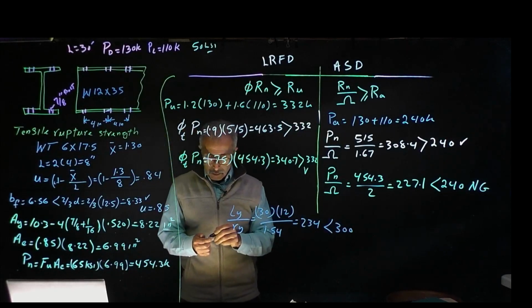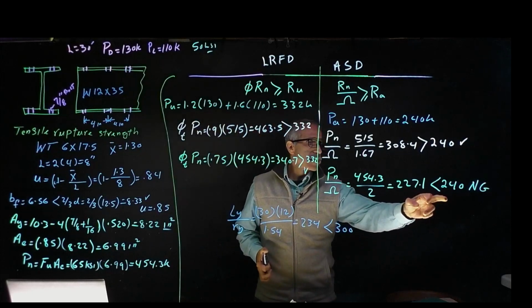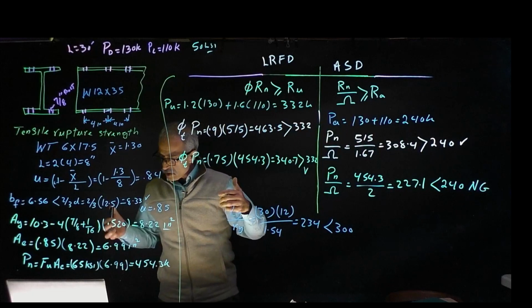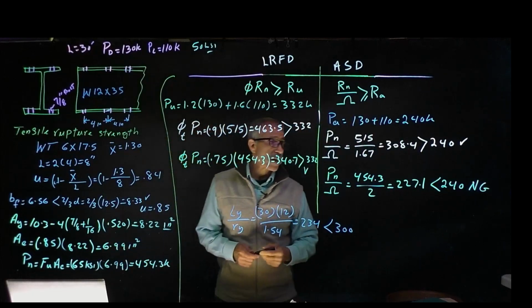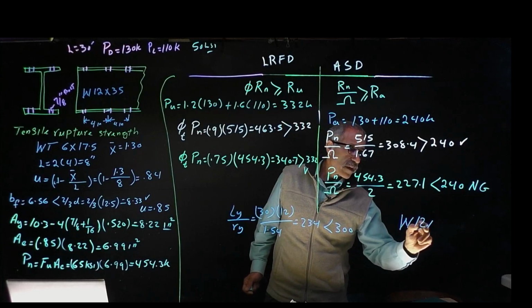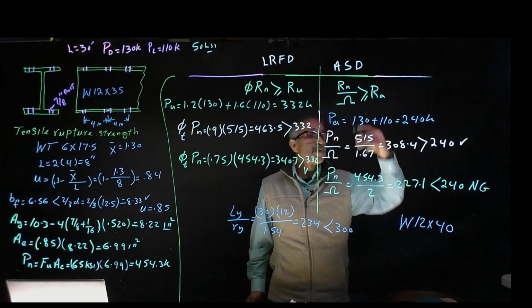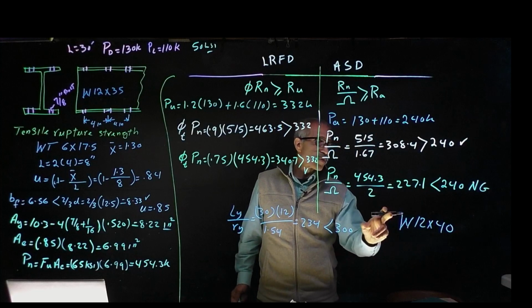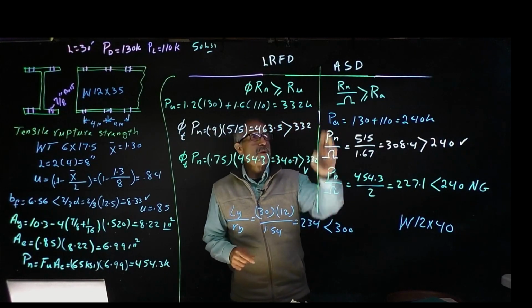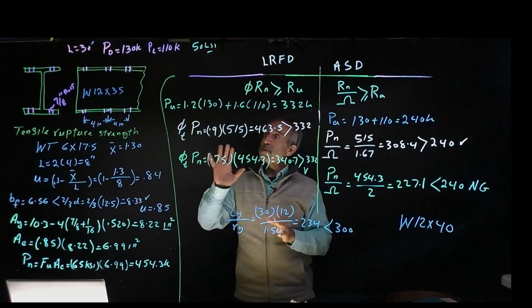So that checks out. But we know this was no good using allowable stress design, so we have to really pick it up. Maybe we can try this size W12 by 40. And if you run that through again, you find out that W12 by 40 will be accepted for allowable stress design. And this was the difference.